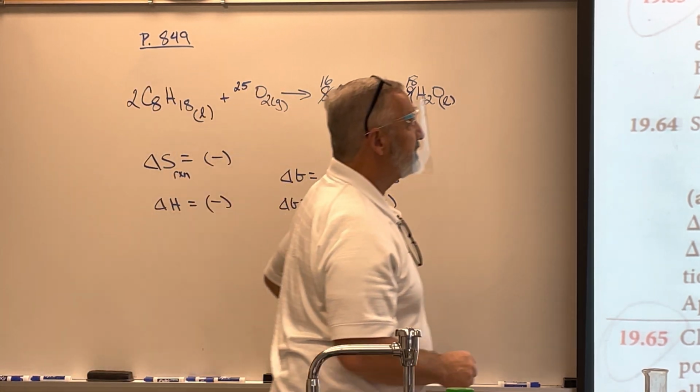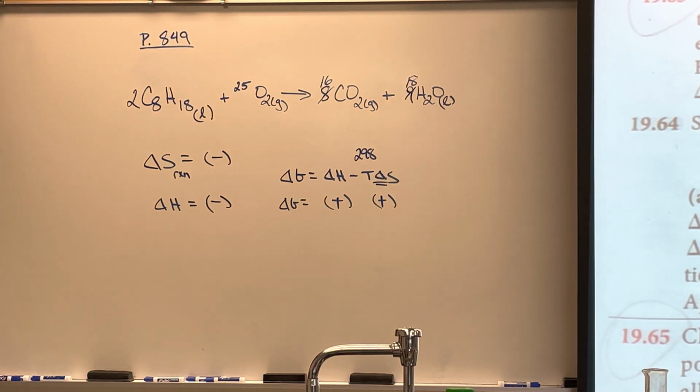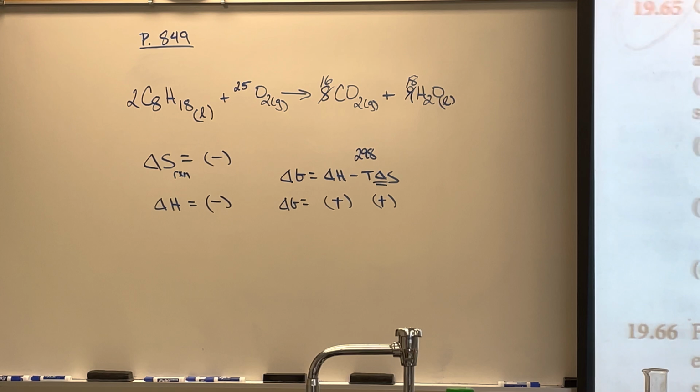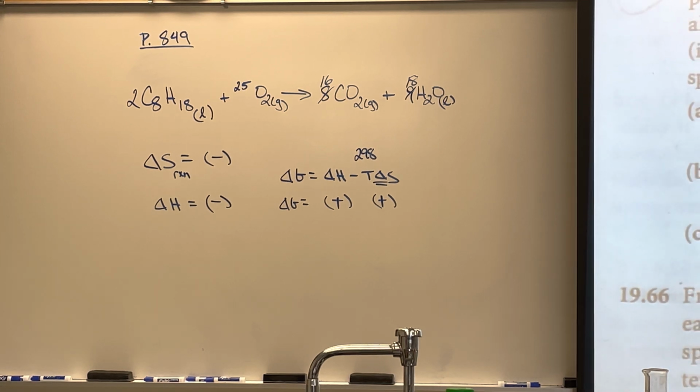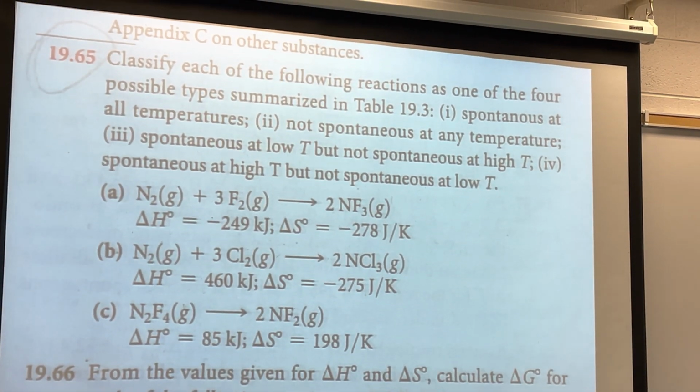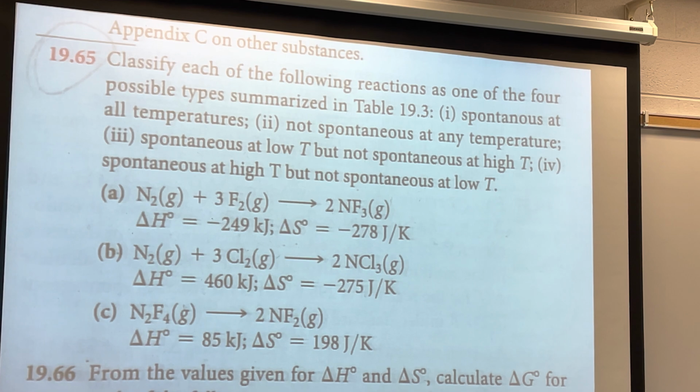All right. So that's just a theoretical question. Go down one, look at number 65. Classify each of the following reactions as one of the 4 possible types summarized. That's my, spontaneous at all temperatures, non-spontaneous at all temperatures, spontaneous at low temperatures only, spontaneous at high temperatures only.